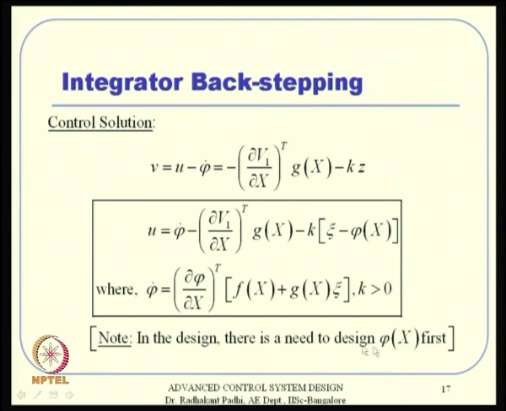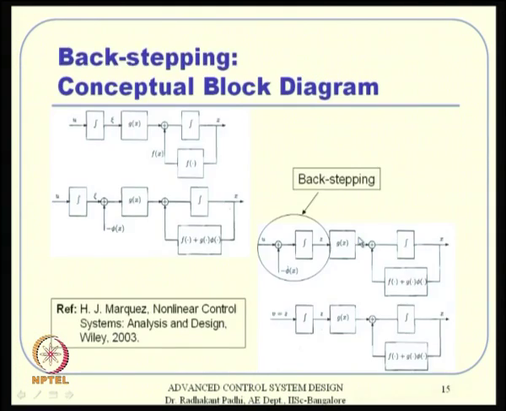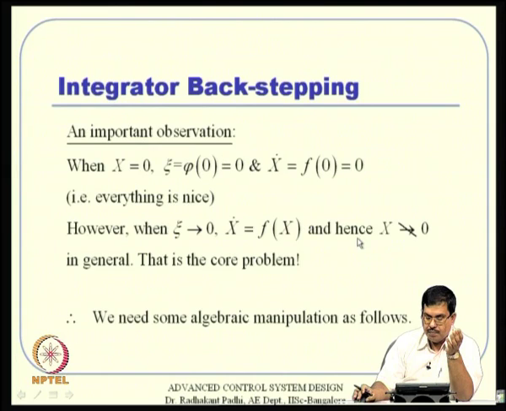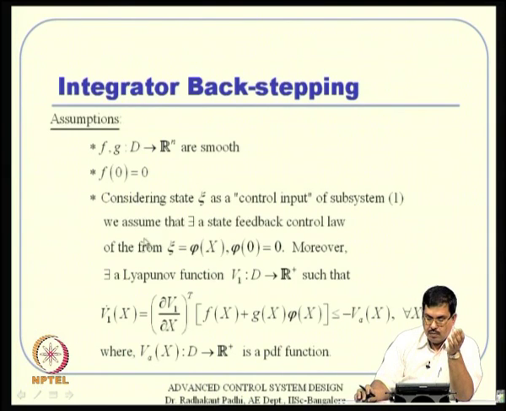But also note that in this entire exercise, one should first design this phi of x, because without that it will not proceed further. That is anyway there for this method to start. What you are assuming here is that there exists a feedback law for xi equal to phi of x with phi of 0 equal to 0.